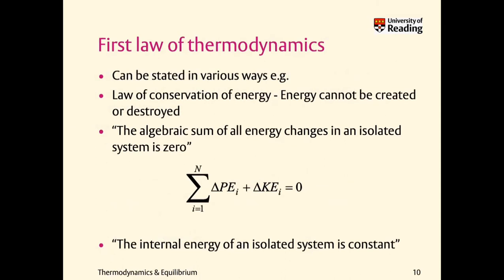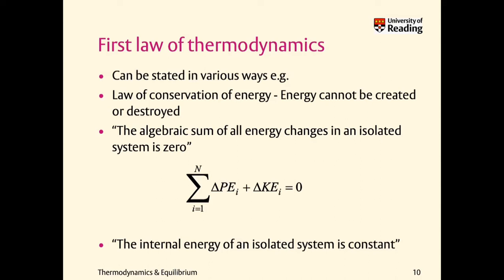So if we think about what we have learned so far, we have learned that the total internal energy of a system is all the potential energies and all the kinetic energies that we have within that system. And that we can also think about the change in potential energy and the change in kinetic energy.